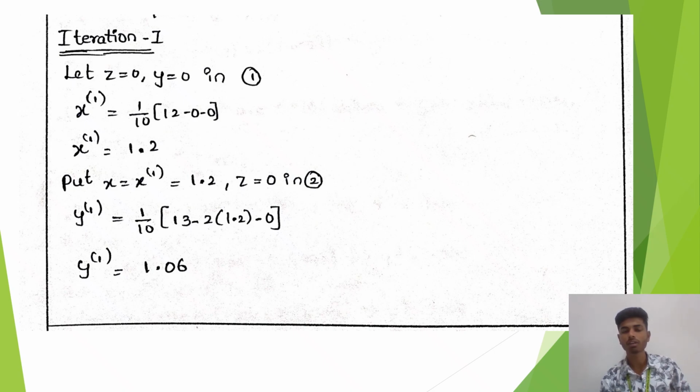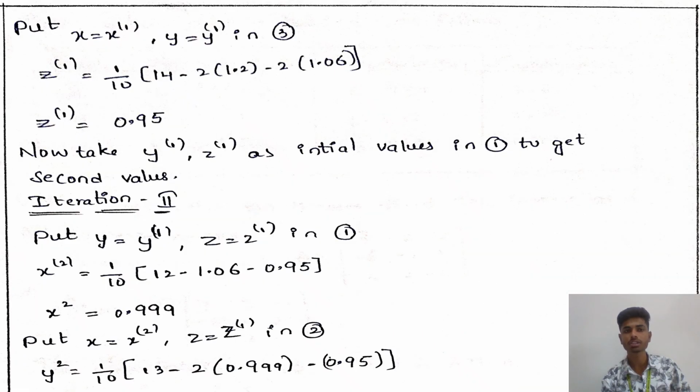Then we get the y1 value: y1 is equal to 1 by 10 into 13 minus 2 into 1.2 minus 0, so y1 is equal to 1.06. By substituting x is equal to x1 and y is equal to y1 in equation 3, we get the z1 value: z1 is equal to 1 by 10 into 14 minus 2 into 1.2 minus 2 into 1.06. Then we get z1 is equal to 0.95.